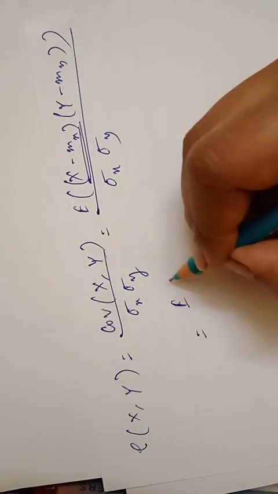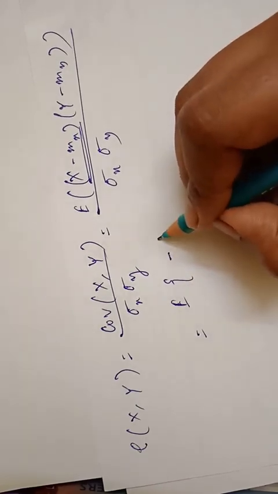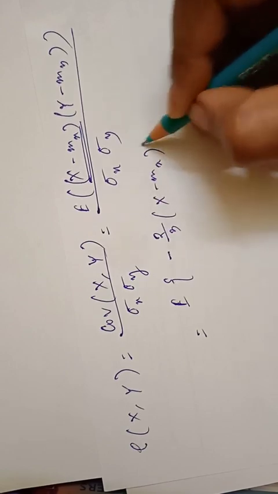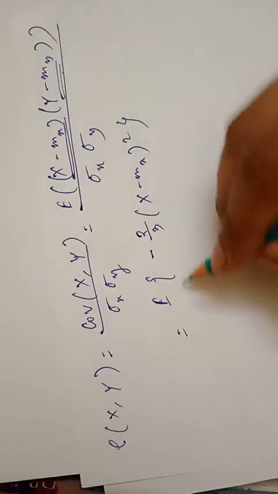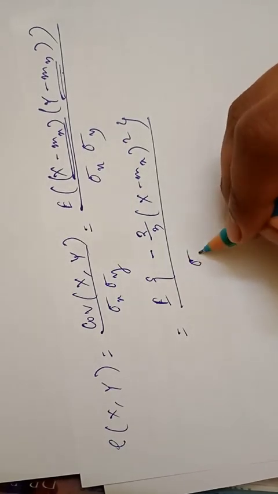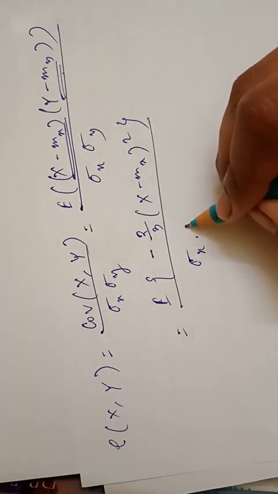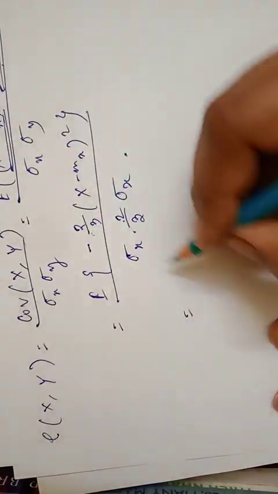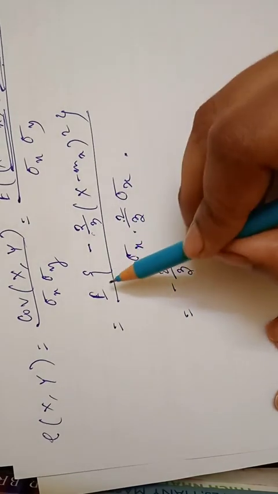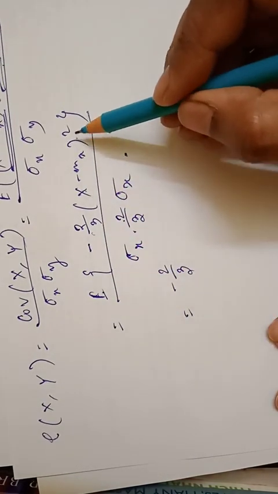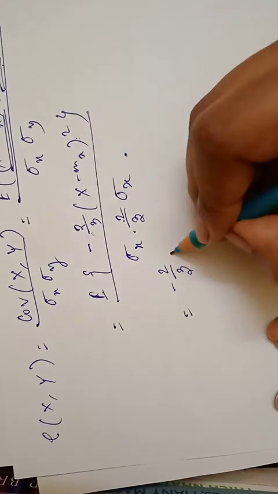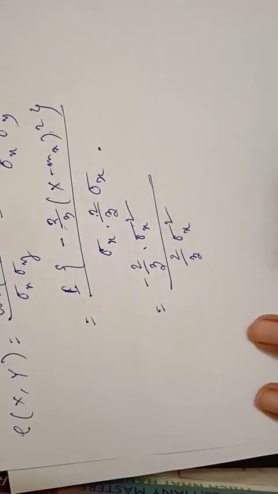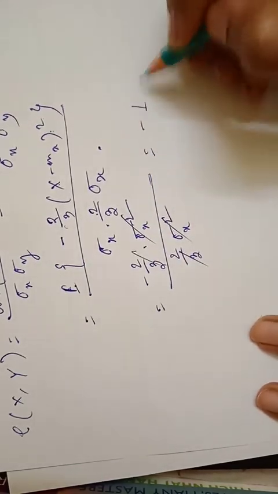So we are getting expectation of minus 2 by 3 x minus mx its whole square, just by putting its value, by sigma x and putting the sigma y's value, that was 2 by 3 sigma x. Okay, so put that minus 2 by 3 outside, you are getting expectation of x minus mx its whole square. Again this is variance of x, so we can write sigma x its square by 2 by 3 sigma x its square, got cancelled out, you are getting minus 1.